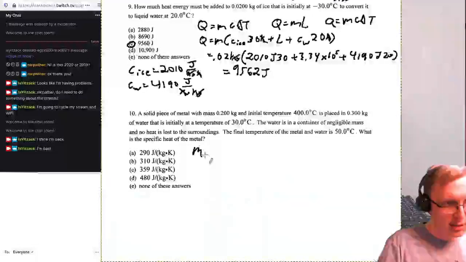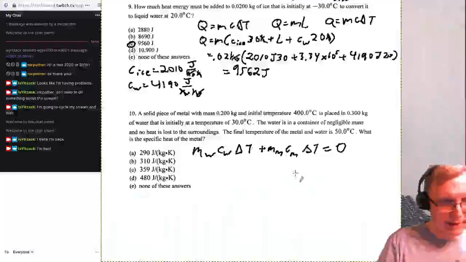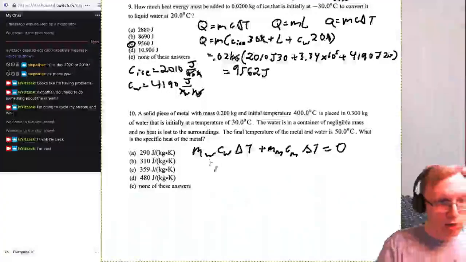The water goes from 30 Celsius up to 50 Celsius. C water delta T plus m metal C metal delta T is equal to 0. No heat leaves or enters.